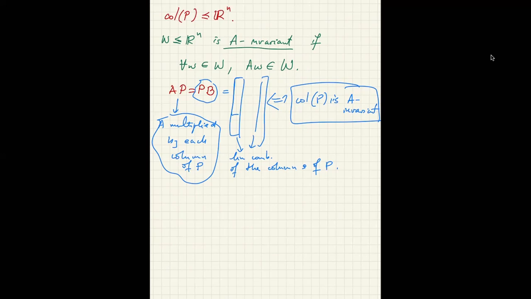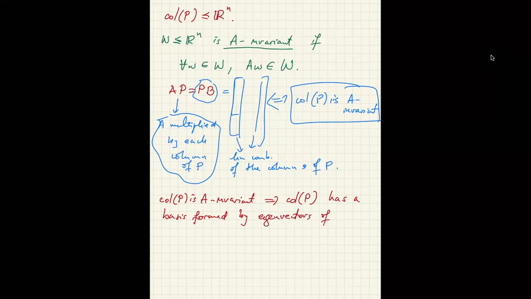So what we can say from linear algebra is that because the column space of P is A invariant, I won't prove this here, but I'll put it in some notes on the Google Drive, this implies that the column space of P has a basis formed by eigenvectors of A.